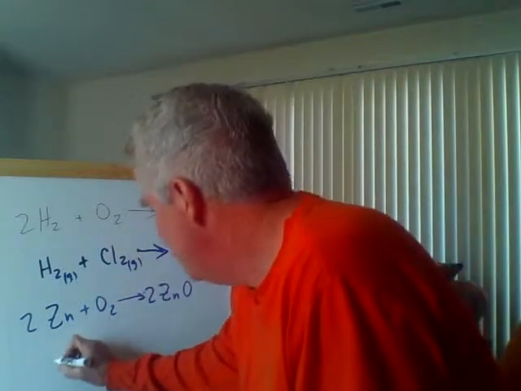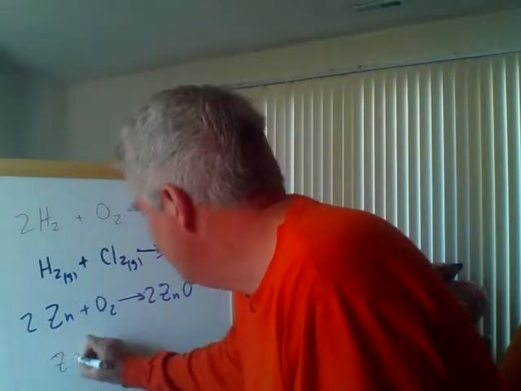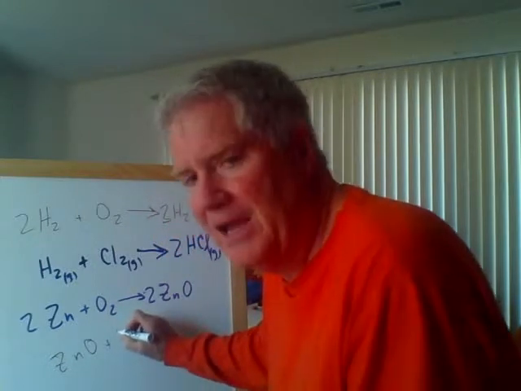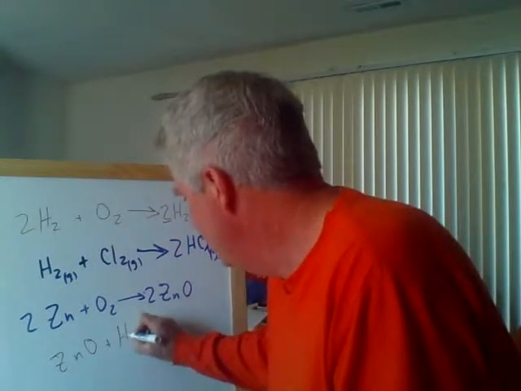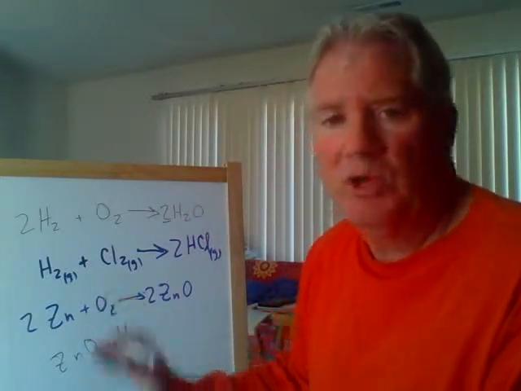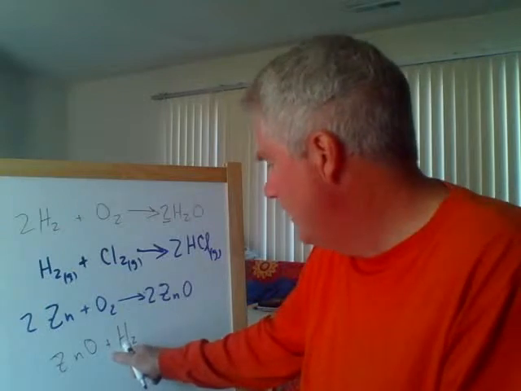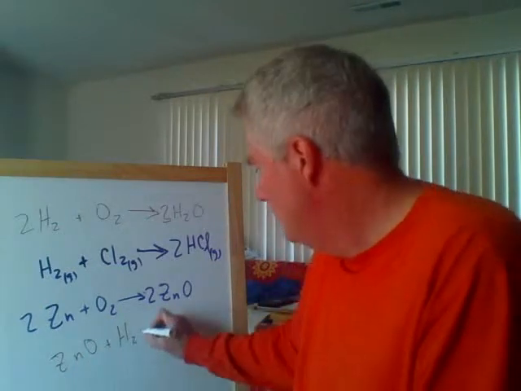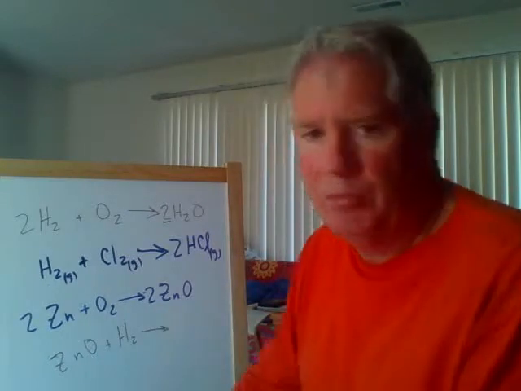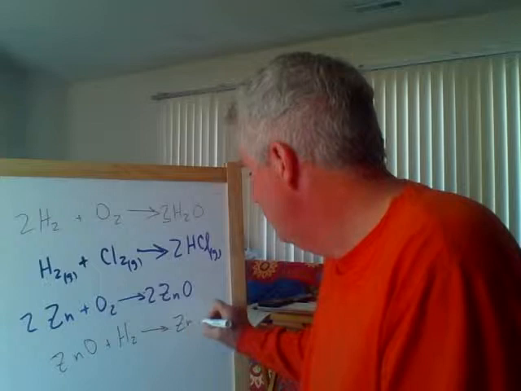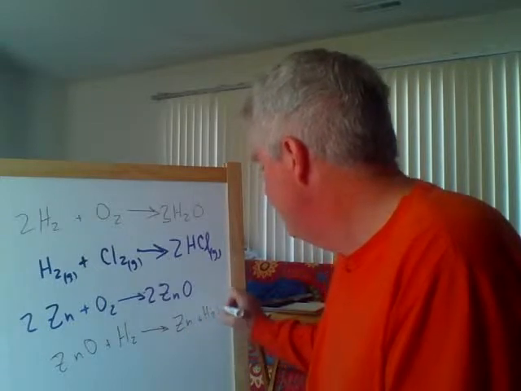So a real simple way of taking zinc oxide and making zinc is to mix it with hydrogen gas. Hydrogen gas is a reducing agent, and so what you'll find is that hydrogen gas, when reacting with zinc oxide, probably at high temperatures and maybe in the presence of a catalyst, will produce zinc metal and water.